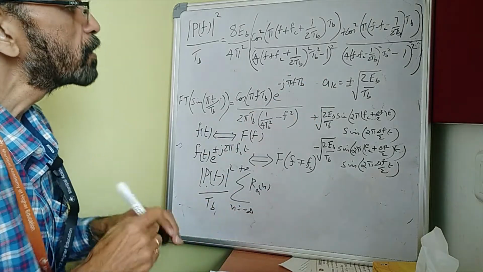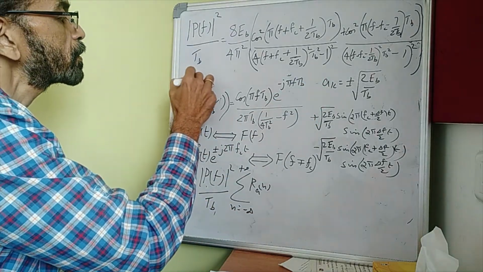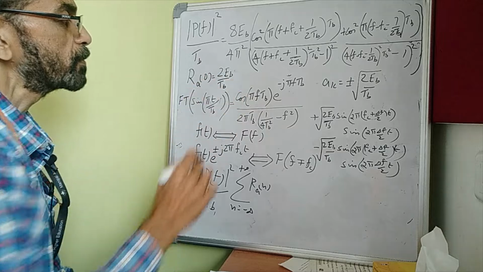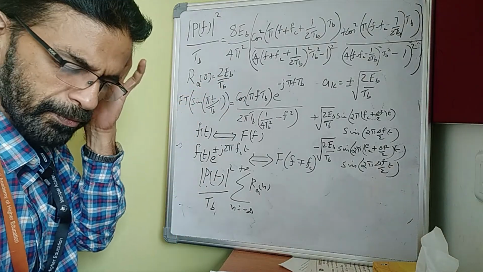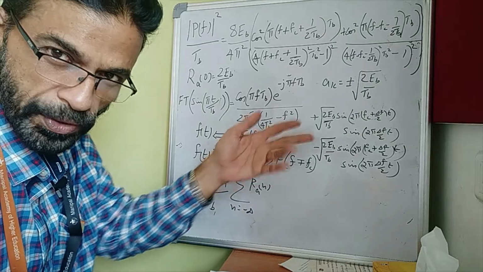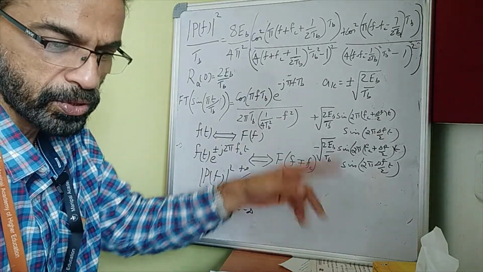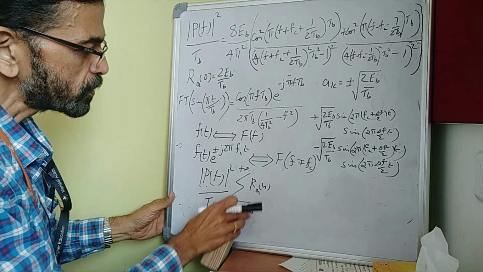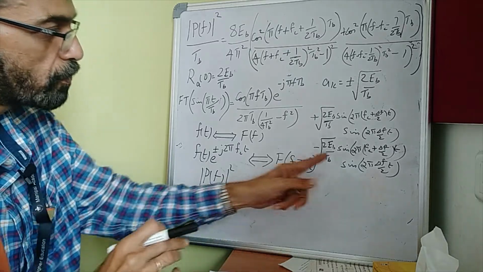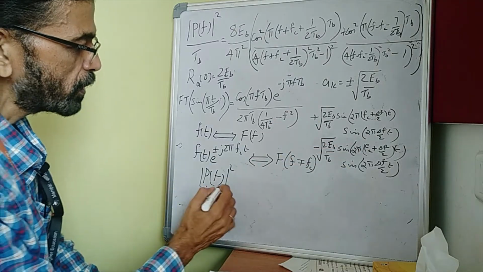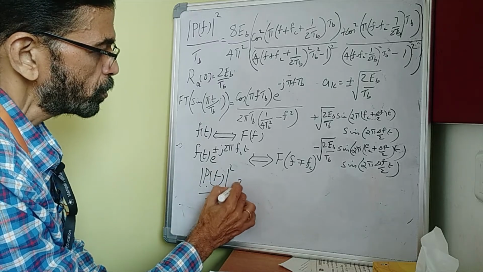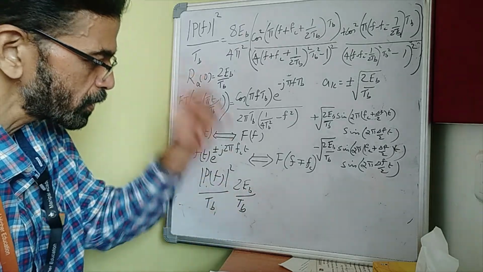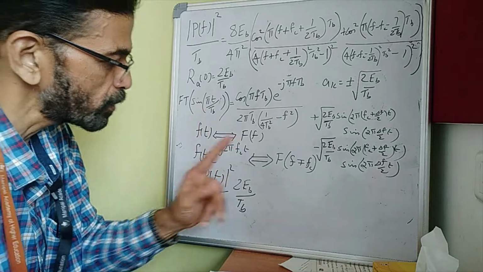Since that is the case, we note that RA(0) is 2Eb by Tb, and RA(n) for all other values of n not equal to 0 will be 0. This is how it was in binary PSK. It remains so here as well. So that gives us the power spectral density of this part as |P(f)|^2 by Tb into 2Eb by Tb, because only the n equals 0 term is relevant. All other terms are 0 because RA(n) is 0 for n not equal to 0.